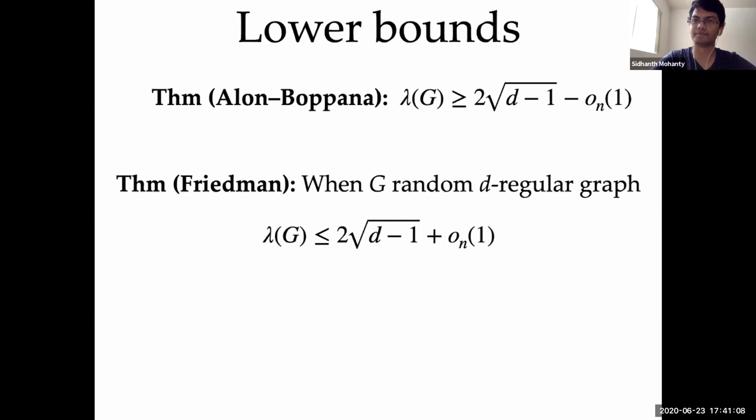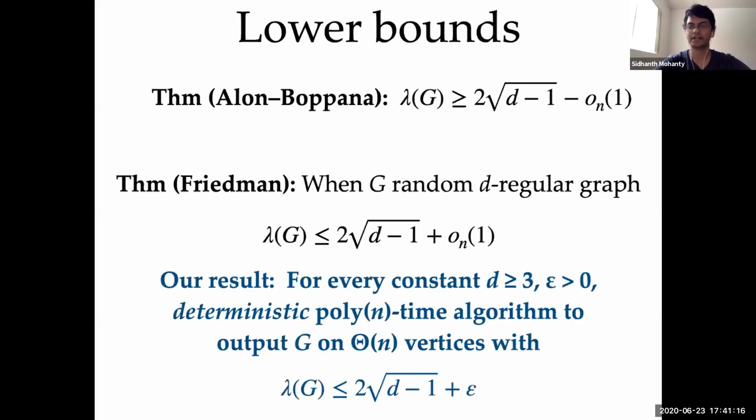And I think finally I have set up the stage to talk about our result. Friedman's theorem gives you a way to construct a random regular graph. But for various applications of expanders, you don't want a random graph, you want something that's explicit, something you can construct deterministically.